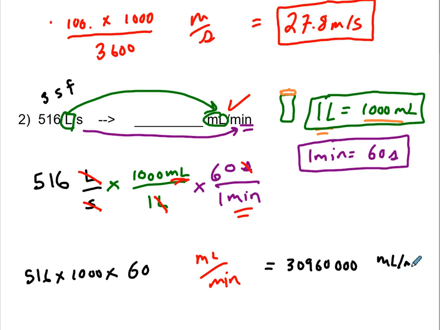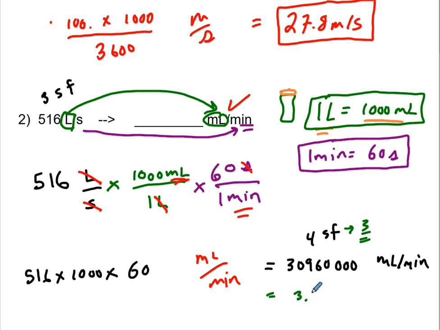30,960,000 milliliters per minute. We have to be a little careful here because right now that's showing 4 sig figs. I can't have 4, I can only have 3. So how I have to round is that 6 has to round the 9 up. That 9 goes to a 10. So we're going to have to write it in scientific notation.